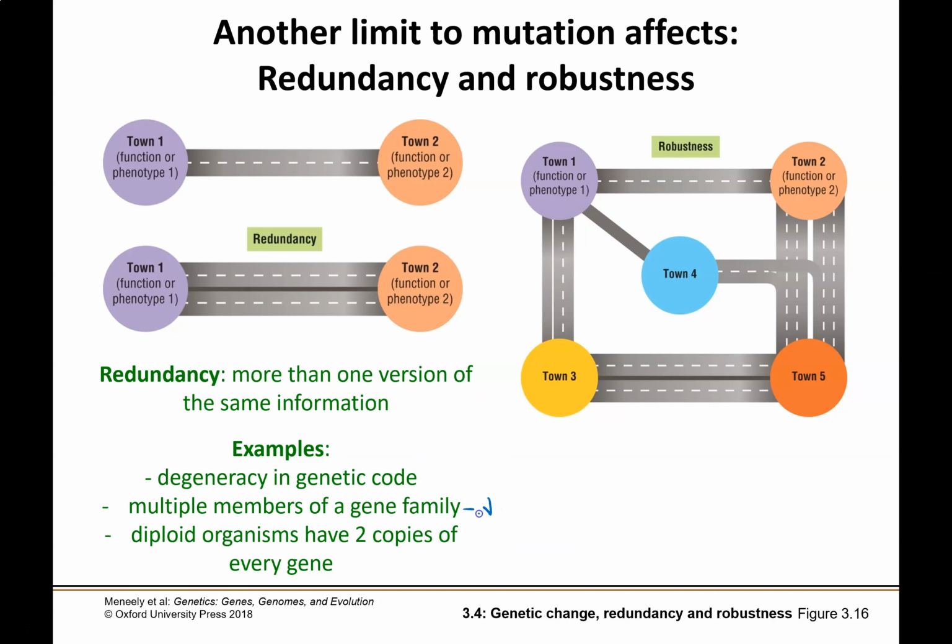So this is essentially duplicate copies, either identical or related, that do the same thing. And then on top of that, diploid organisms have 2 copies of every gene. Remember, one from mom and one from dad. So even if you have one dysfunctional copy, there's potentially the other functional copy in your other parent.